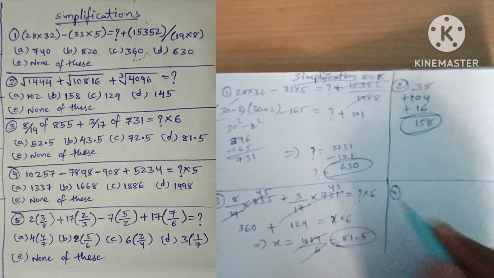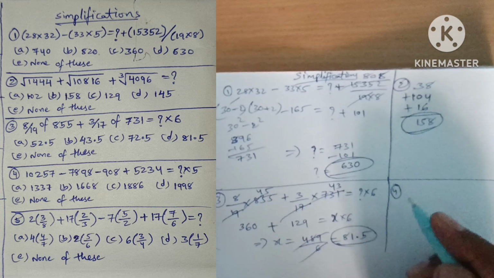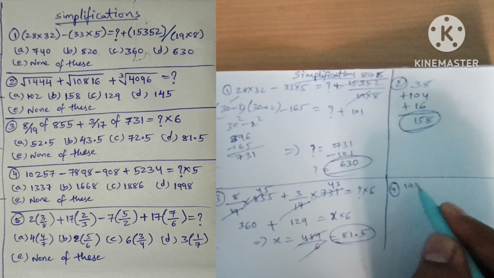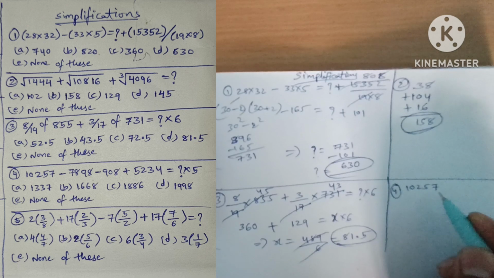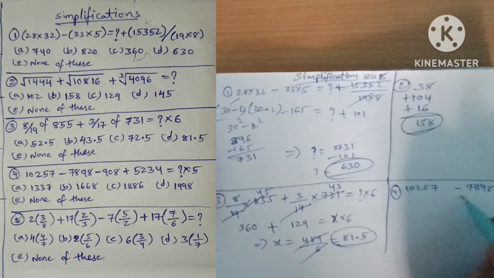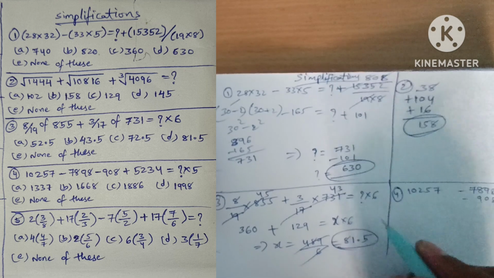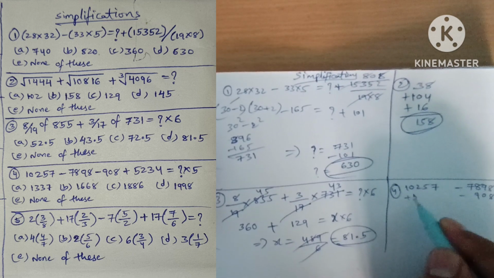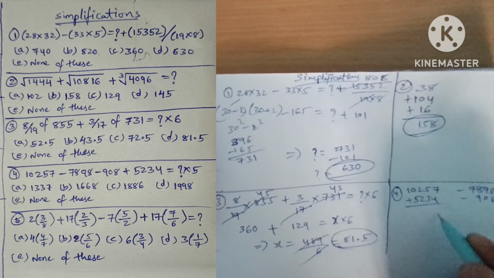Now we are going to do the fourth one. 10257 minus 7898 minus 908 plus 5234.